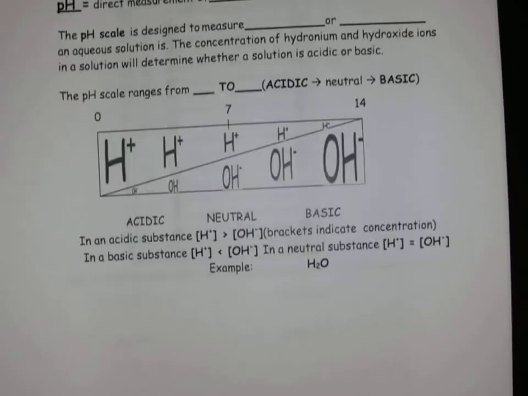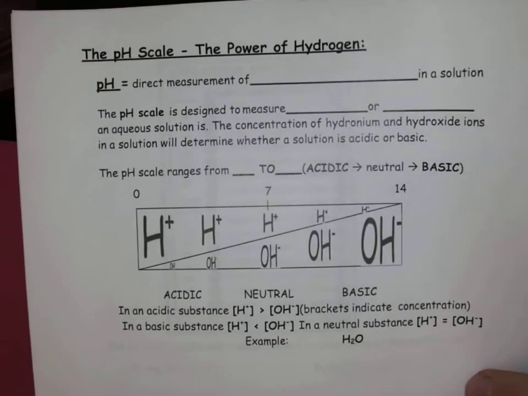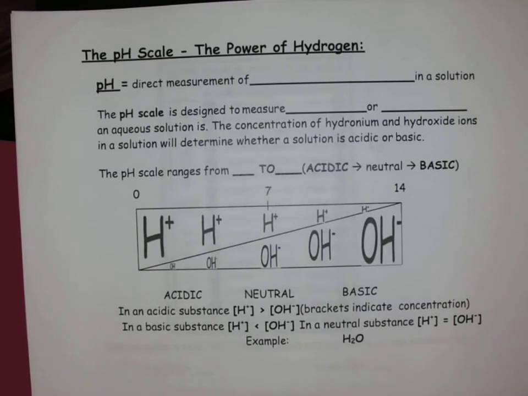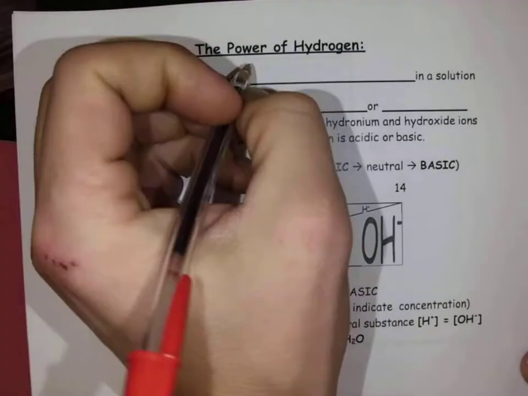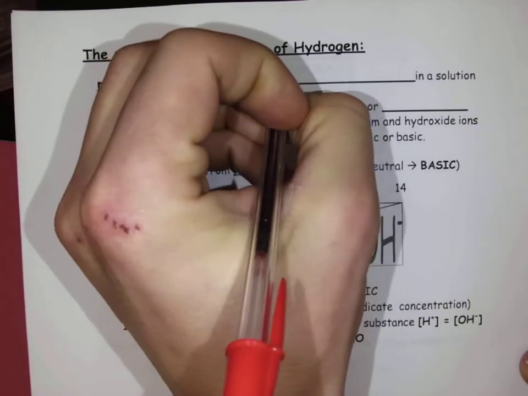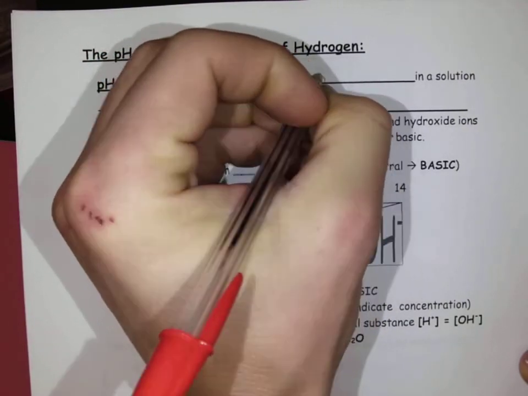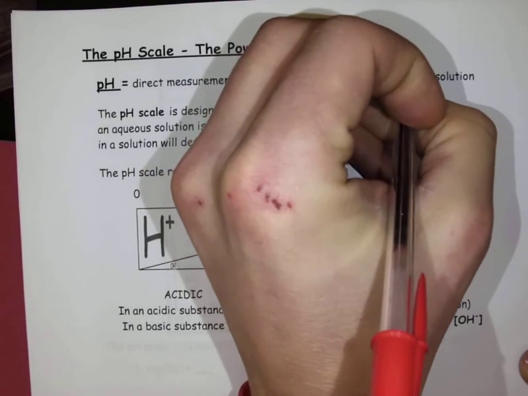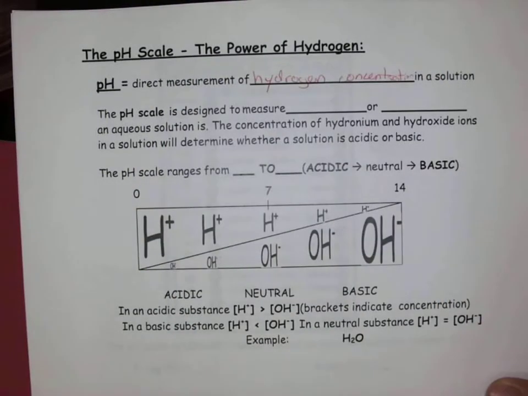Overall, the pH scale is all about the power of hydrogen. That's actually where the pH comes from, and it's a direct measurement of hydrogen concentration in a solution.